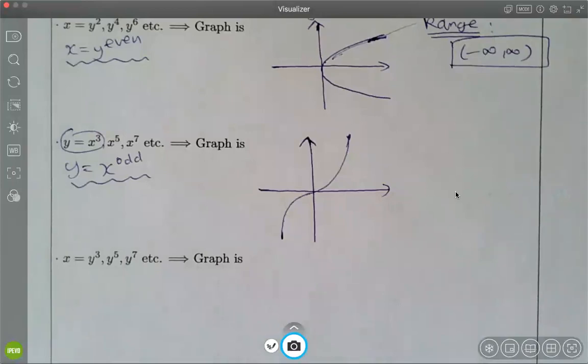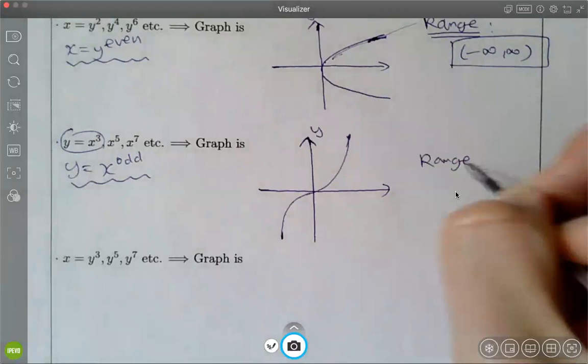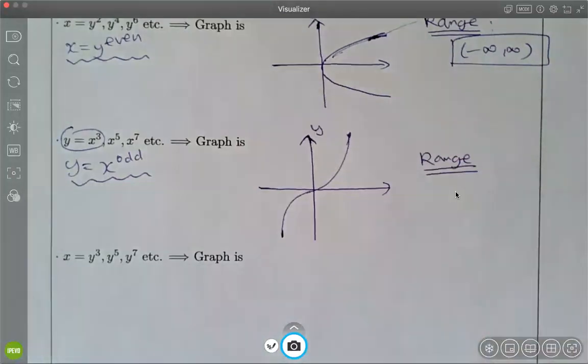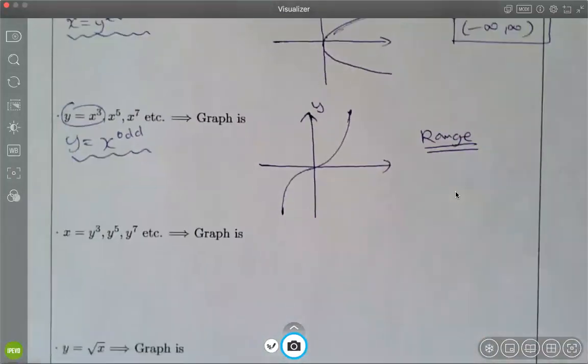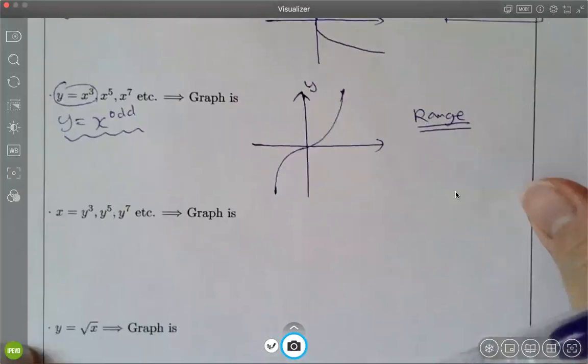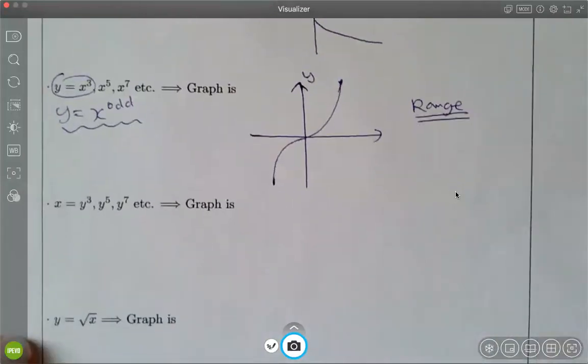Okay. Now, what is the range for this graph? The same thing as the one above it, right?